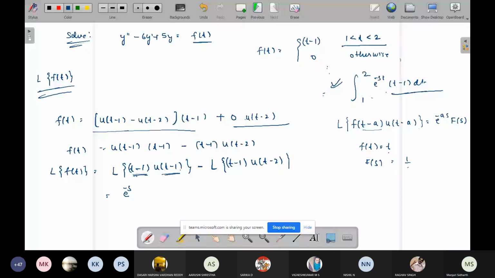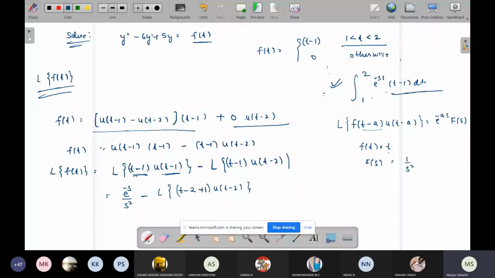Now this. To use the shifting theorem, it should be 2, right? So we can adjust: we can add and subtract 1. So you'll get t minus 2 minus 1, sorry, plus 1. This term you can write, and u of t minus 2, this term as it is.